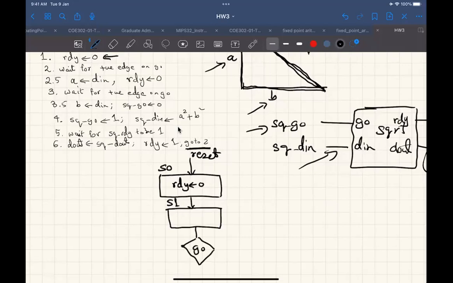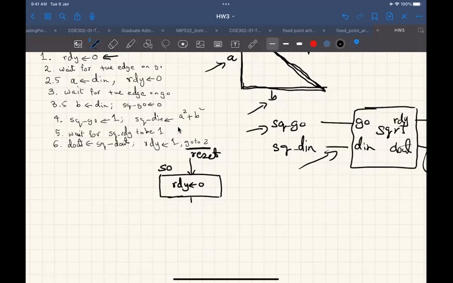And if go is 1, I just forgot to add a check on go here as well. Remember, we have two situations in which go is either initially 0 or 1.